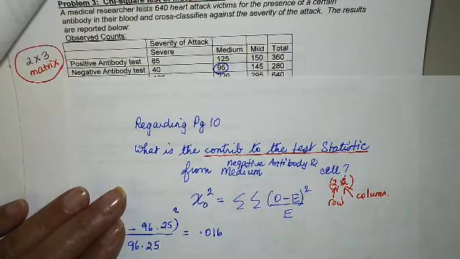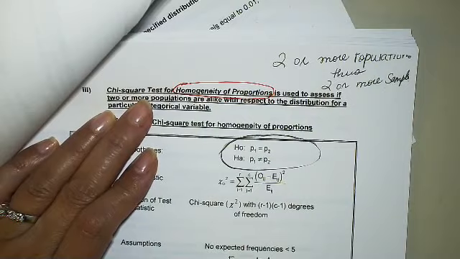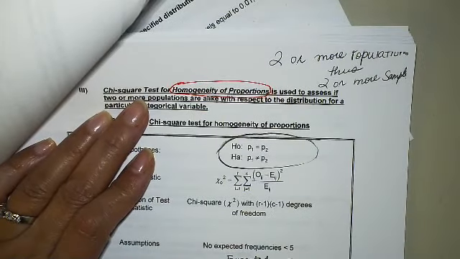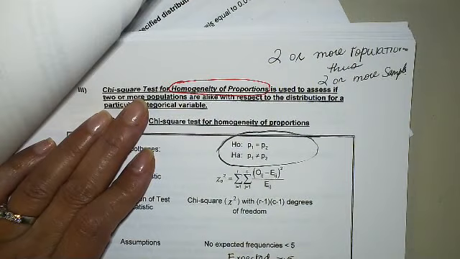Got it? Okay, so that's the test of independence, i.e. no association. And the next test, very similar, just 2 pages down, go to page 12. It's the chi-square test for homogeneity of proportions.